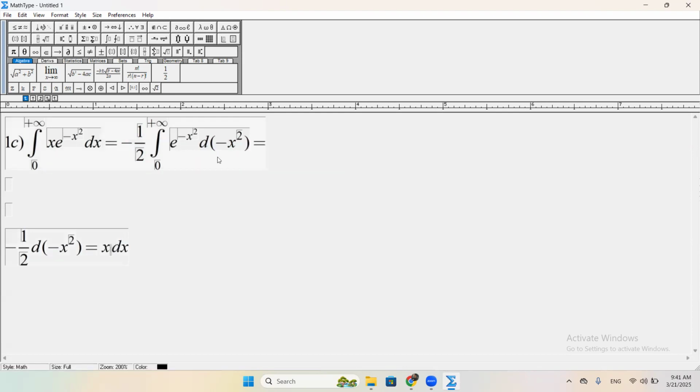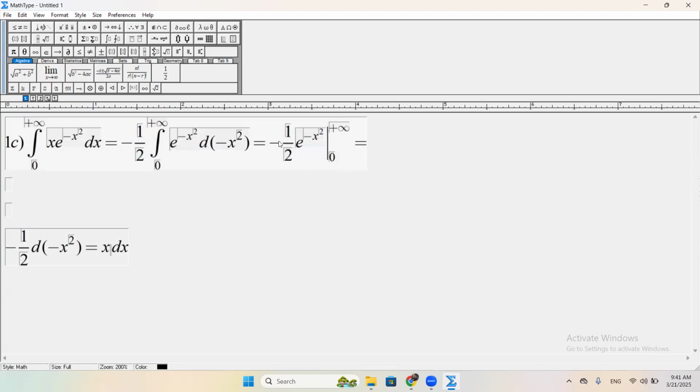So now let's integrate. We actually have minus 1 over 2 e to the power of minus x squared, with substitutions from 0 to plus infinity.